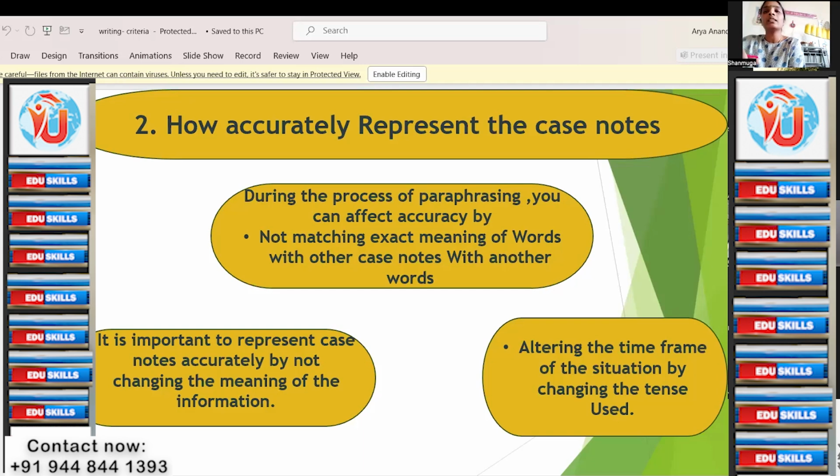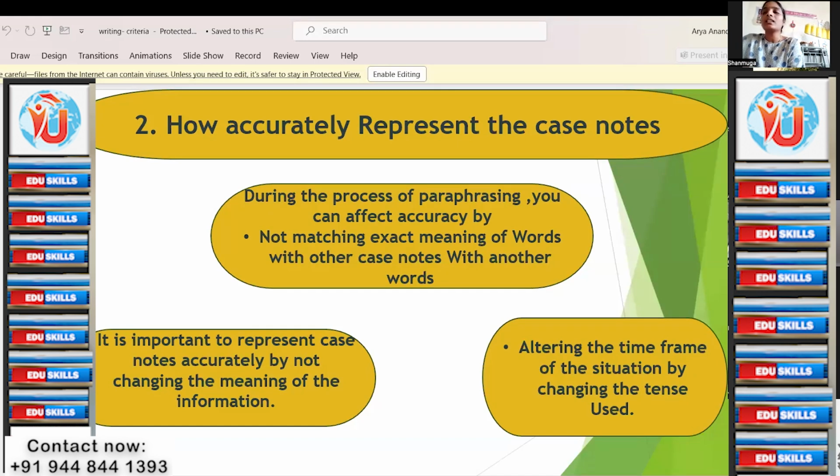To avoid this, it is important to represent the case note accurately by not changing the meaning of the information. During paraphrasing, this meaning can change. This will affect your accuracy in how you are transferring the case note.